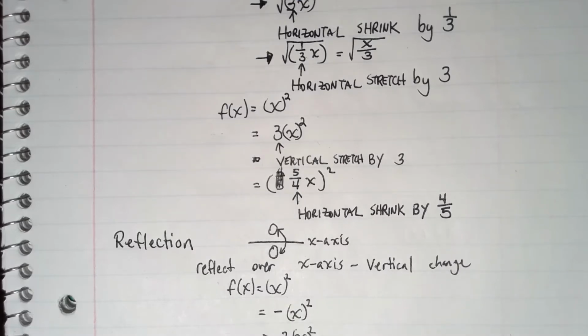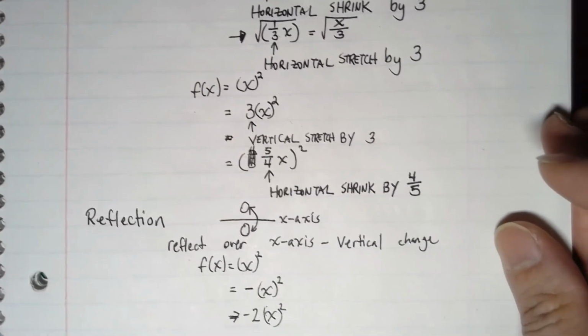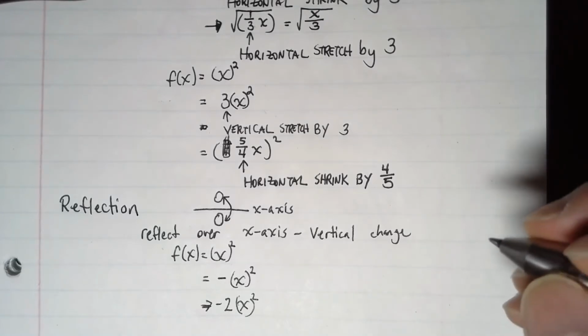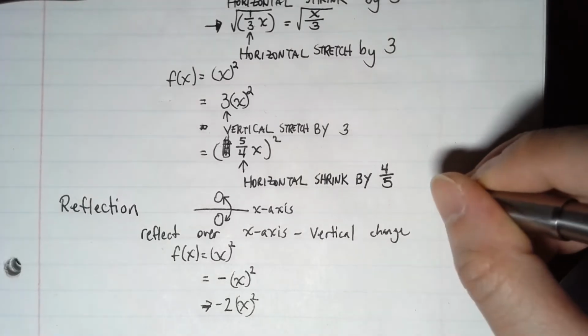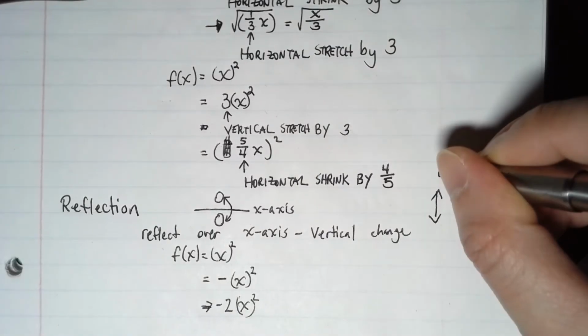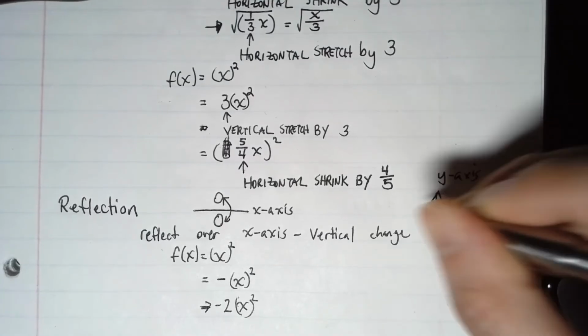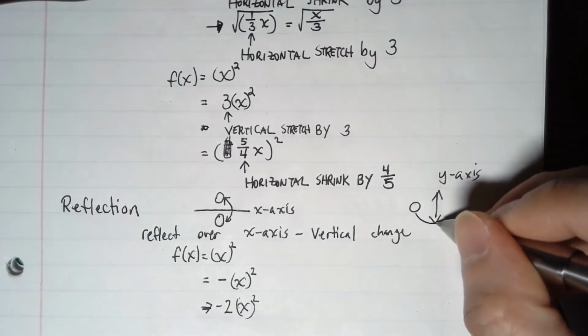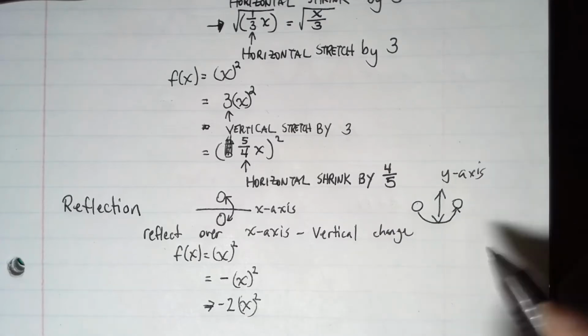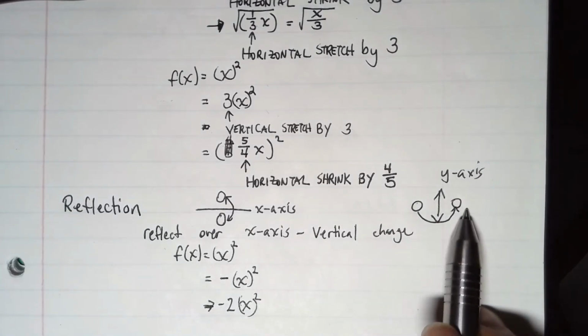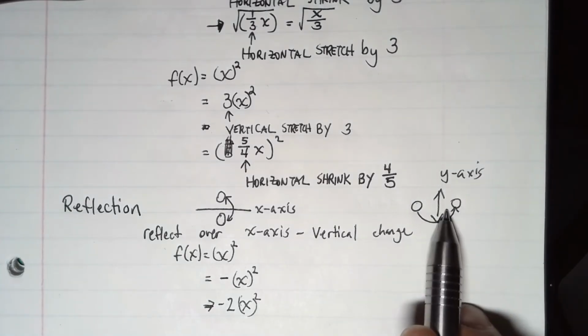Now, if you want to see a reflection over the y-axis, a horizontal change, here's a visual example of the y-axis. If you reflect over the y-axis, as you can see, what's on the left side will end up on the right side. It's a horizontal change.